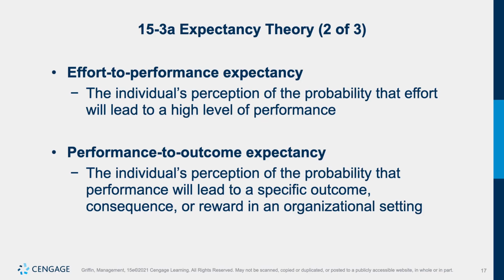In this example, it would be that if they make it to the front of the class, I will actually dole out that $1, right? If the individual believes that I will reward them for being the first student to come to the front, and that such a reward would be in place for such performance, that it will lead to an outcome, which is giving them the $1, that would be the performance to outcome expectancy.